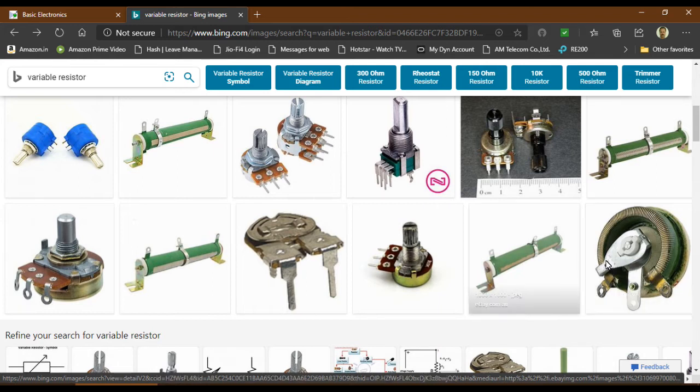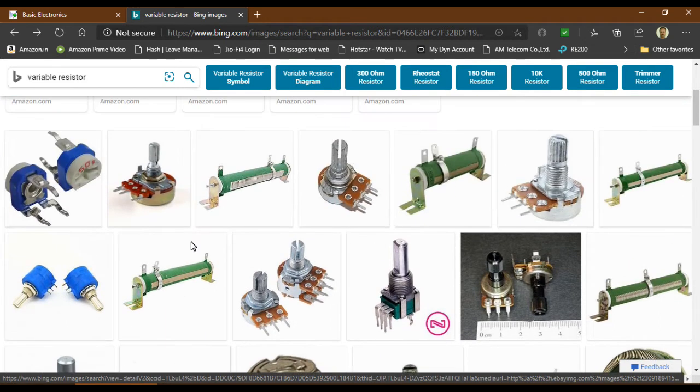If you rotate this shaft from outside the potentiometer, the wiper inside moves between these two ports, and accordingly the corresponding value is output from this terminal. This terminal is electrically connected to the wiper, and this is your potentiometer or rheostat. You have already known it from your physical science laboratory in class 12.